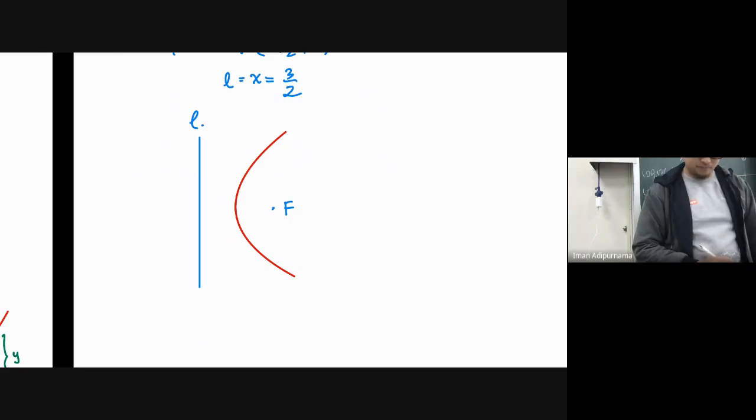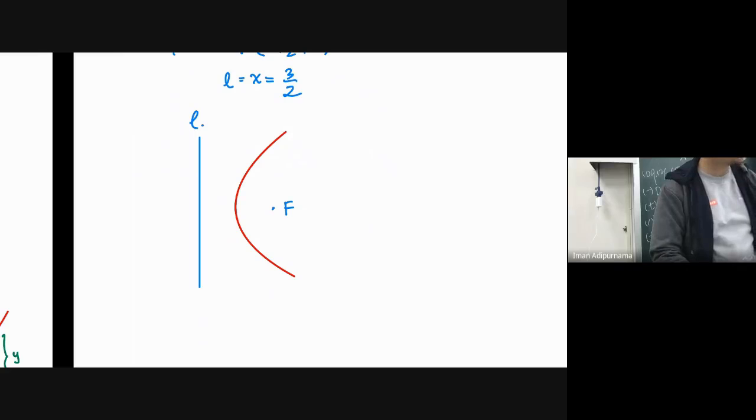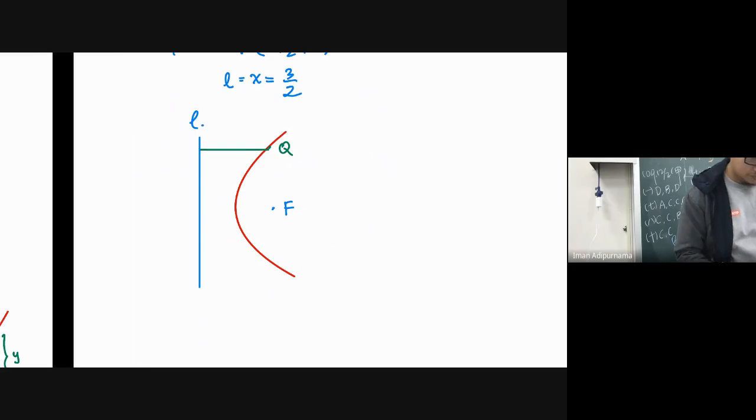So our focus is around here. Focus. Let's say this is another point Q. Let's say this is P and P, okay?